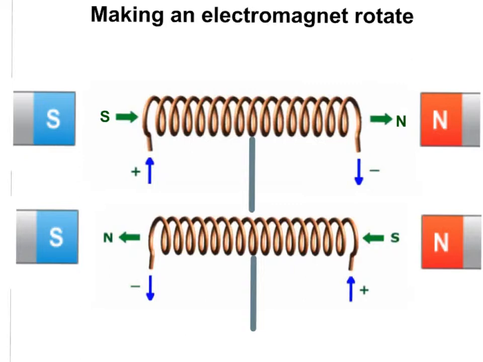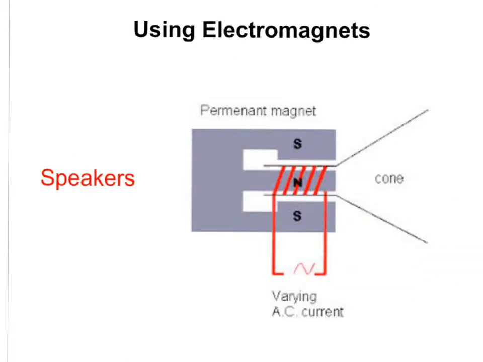So when the electromagnet would be in this position, if it were connected with a rod here somehow that we're able to rotate, this electromagnet here will rotate so that its north pole will align itself next to this magnet's south pole, and the south pole of the electromagnet will align itself to the north pole of this magnet.